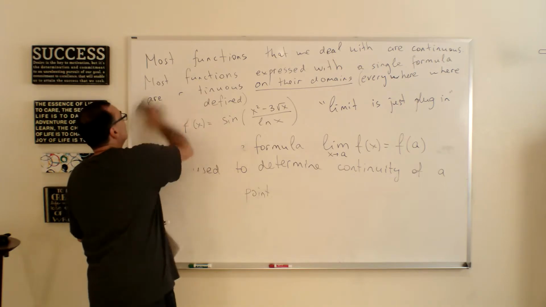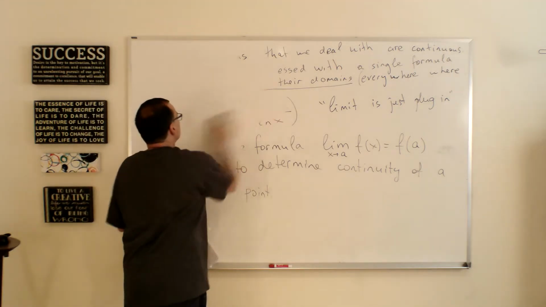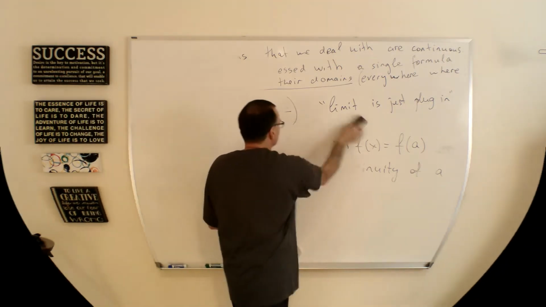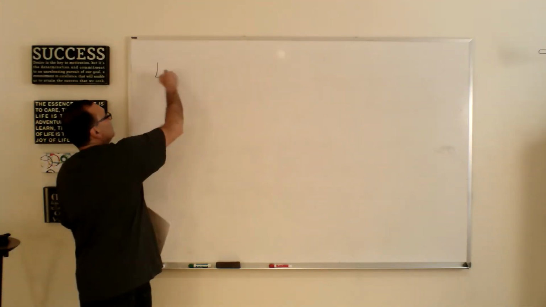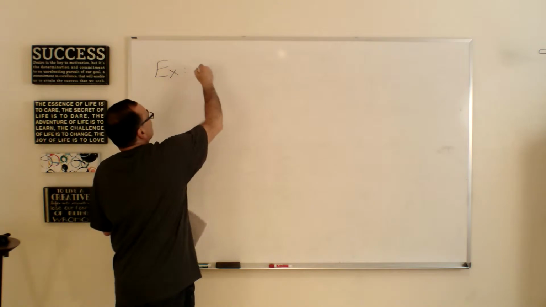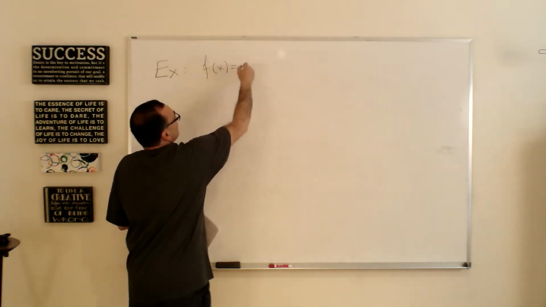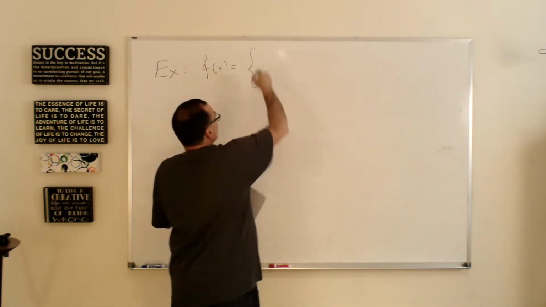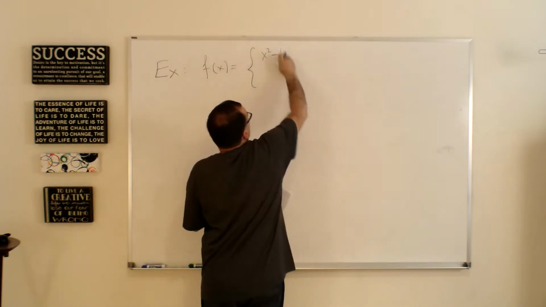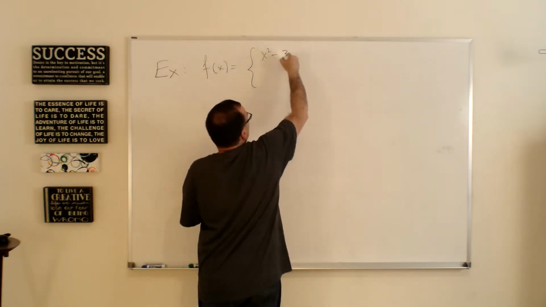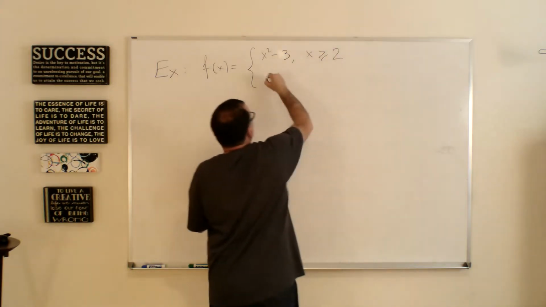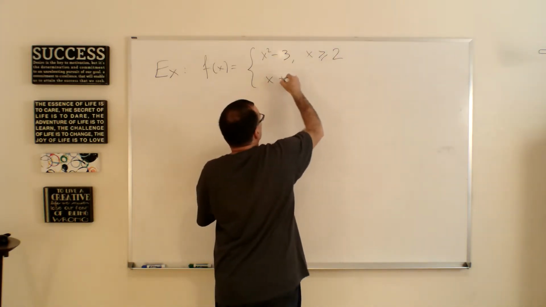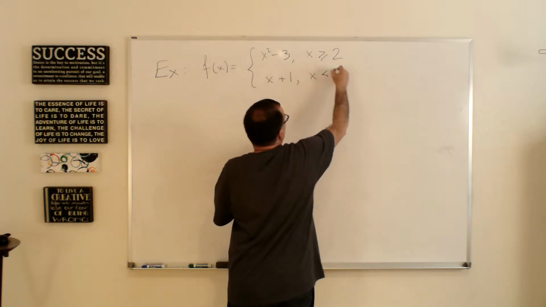So here's an example of a function where we need to check continuity. f of x equals x squared minus 3 for x greater or equal to 2, and x plus 1 for x smaller than 2.